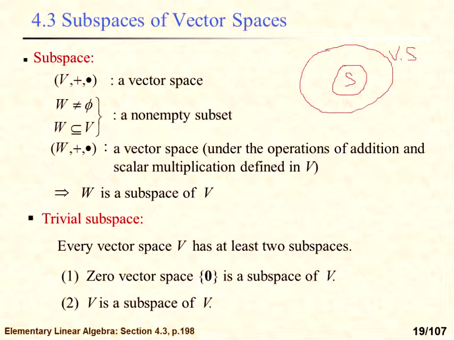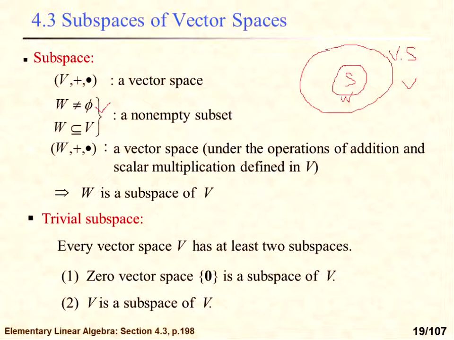There are 2 extra points for a subspace. The first point is that the subspace is never empty. The second is that V contains the subspace.